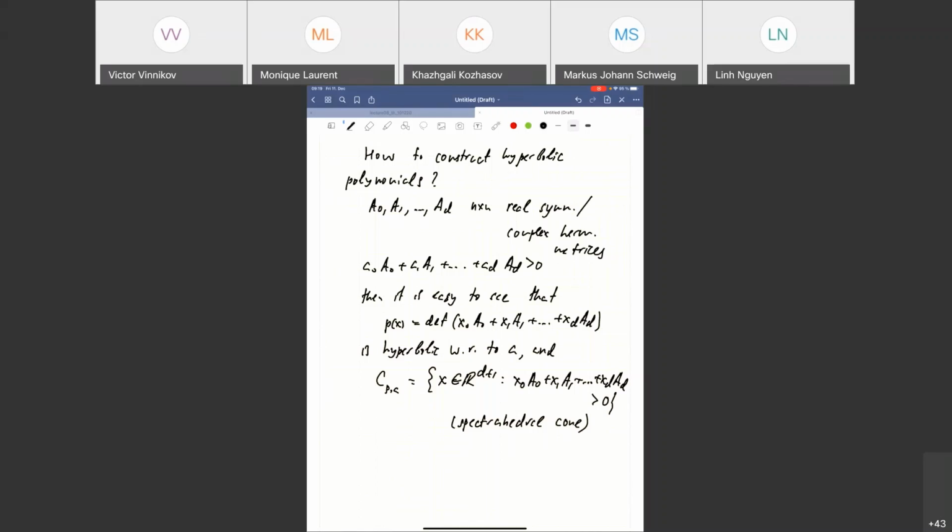And the so-called generalized Lax conjecture tells you that that's all there is.